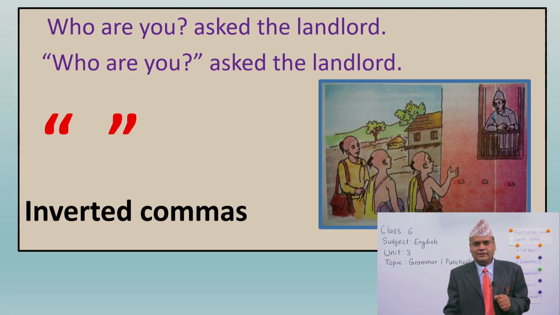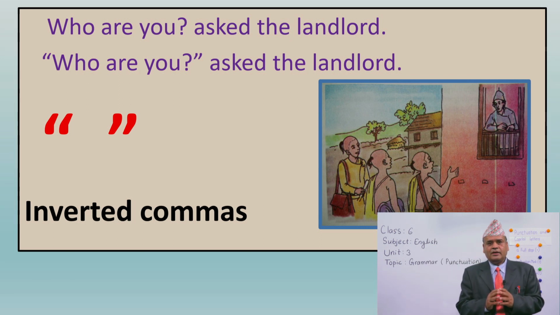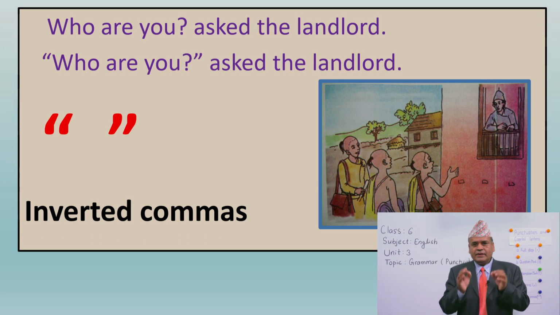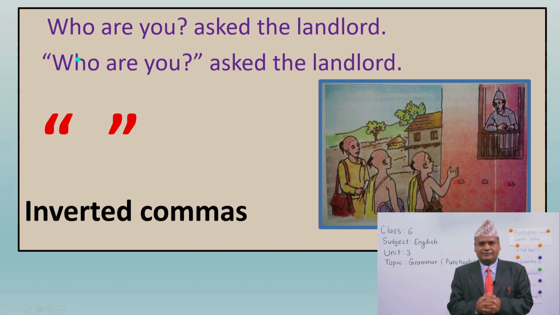What is added? Inverted commas, right? We use inverted commas with the sentence exactly spoken by the speaker, right? So the speaker's exact words or sentence are enclosed with inverted commas, okay? So I hope you are clear with it.